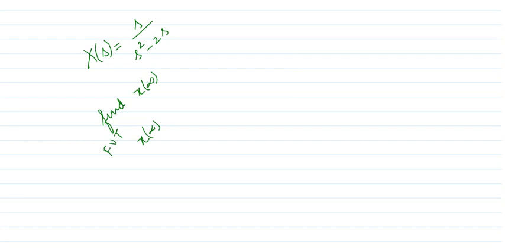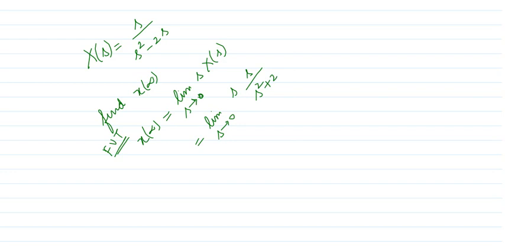Final value theorem: x of infinite is equal to limit s tends to 0 of s into x of s. If I apply this, limit s tends to 0, s into the expression with s square minus 2s. So what happens if we put 0?